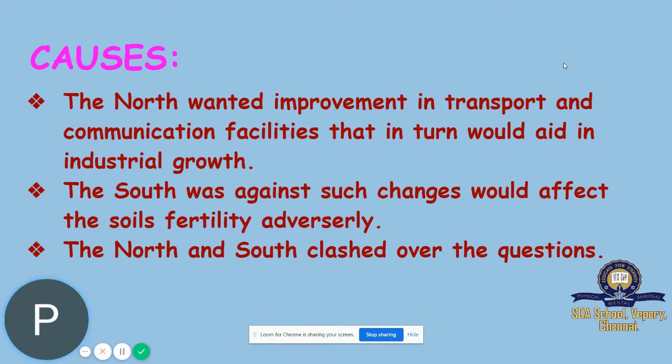The South was against such changes because they thought it would affect the soil's fertility adversely. So, the North and South clashed over the question.